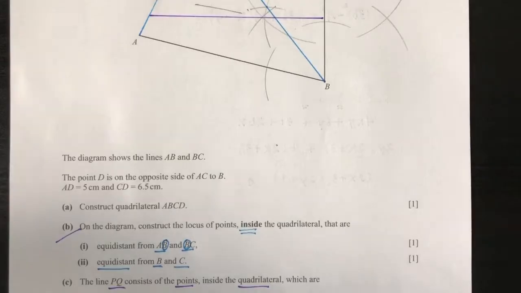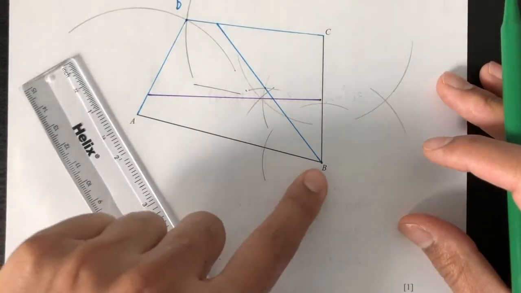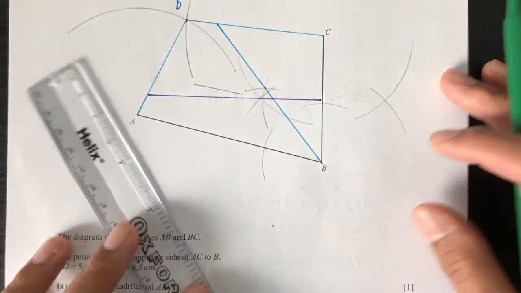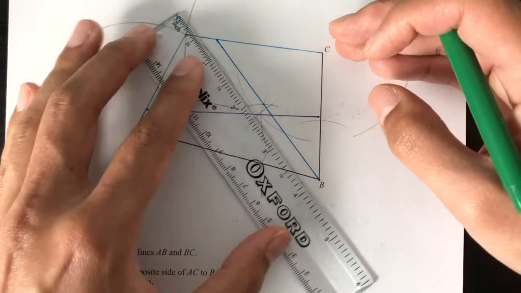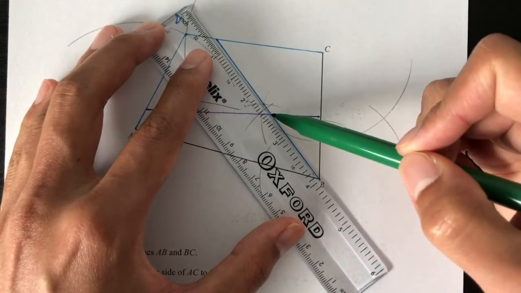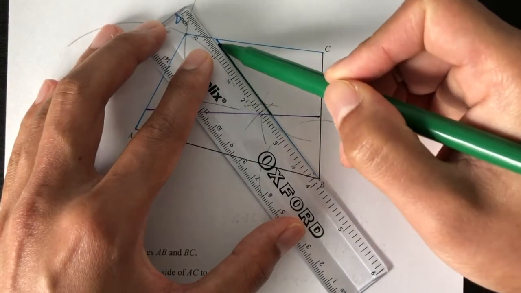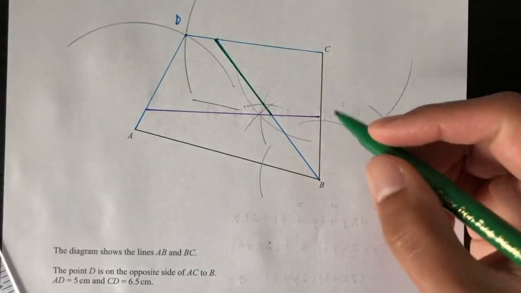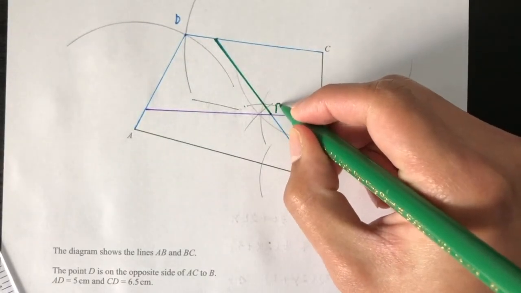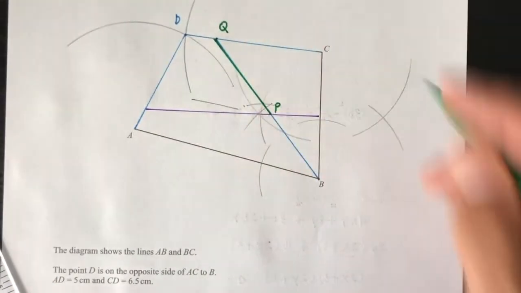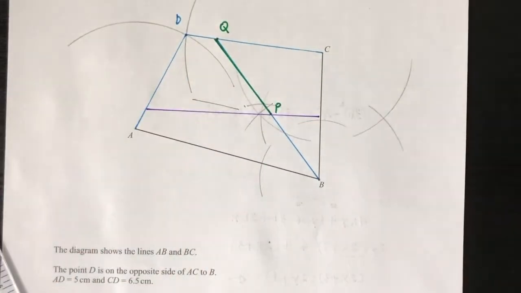Pretty easy. First condition, it needs to be on that line. Then it needs to be closer to C. So only the part of the line closer to C gets to be called PQ. This will be point P, and this will be your point Q. That line will be your answer for question 20C.